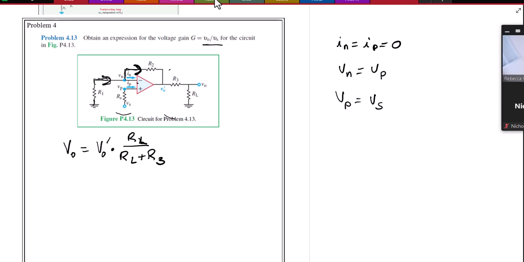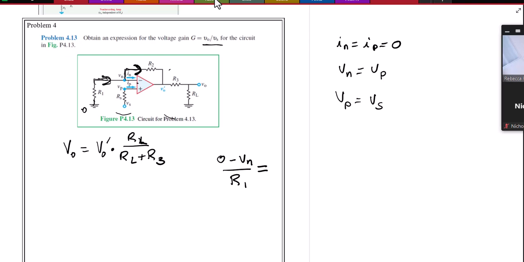So the current through R1 is 0 minus VN over R1, because there's voltage there minus the voltage of the other side divided by the resistance.